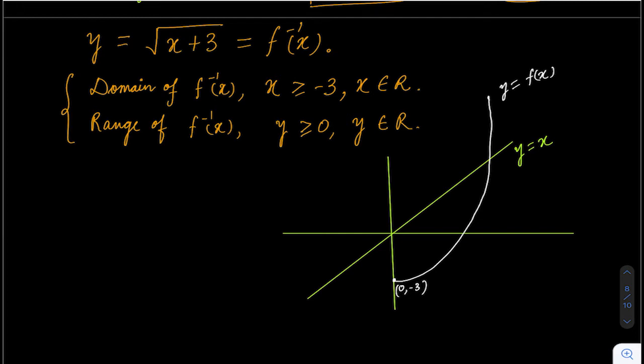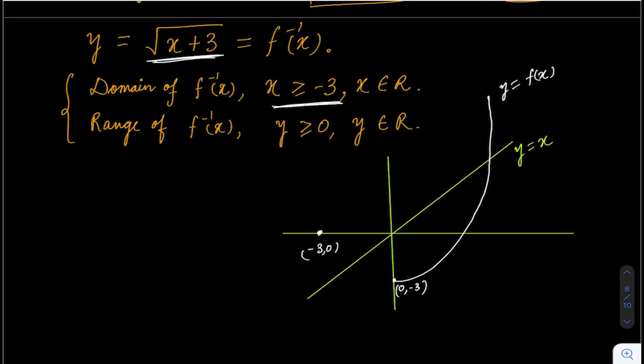Now, what's my inverse graph? f inverse x is root of x plus 3, right? So how do you draw this graph? You can see that at x equal to minus 3, its value is 0, right? So minus 3 comma 0, right? And after that, what will happen? If you start increasing the x value, because the domain is x greater than or equal to minus 3, you don't have to draw the graph before minus 3.